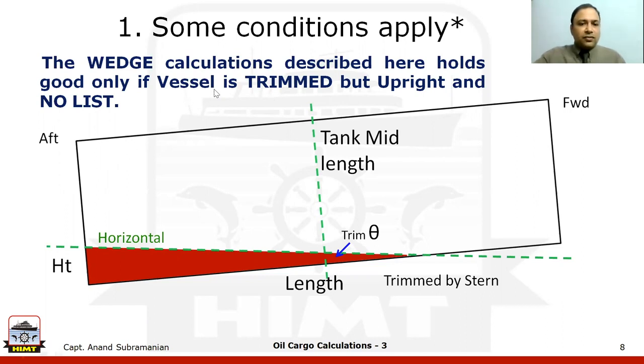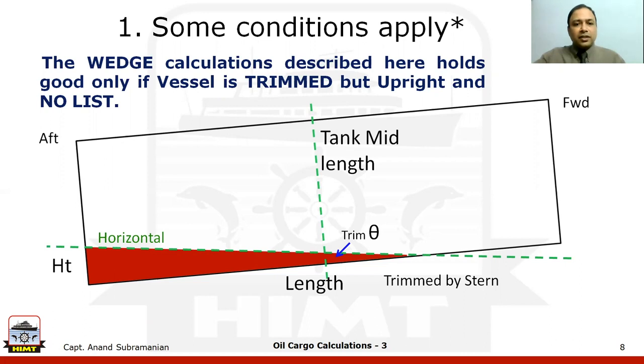Now, if the vessel was trimmed and also listed, the shape of the wedge formed at the bottom will not be a regular shape. It will be something like a tetrahedron or a pyramidal shape. Finding the volume of that pyramidal shape in the limited time given in the examination is not possible, and that is why we don't go into those calculations.